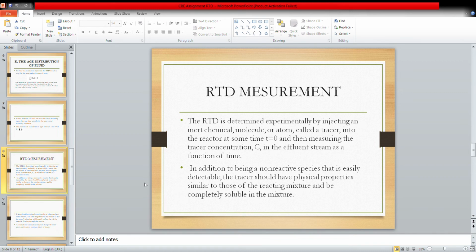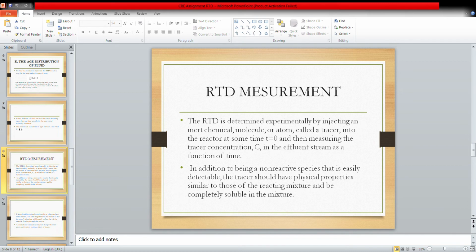So it does not participate in the chemical reaction happening in the reactor. It is a non-reactive species that can be easily detectable. It should also be completely soluble in the mixture. These chemicals injected to determine the RTD we name as tracers.